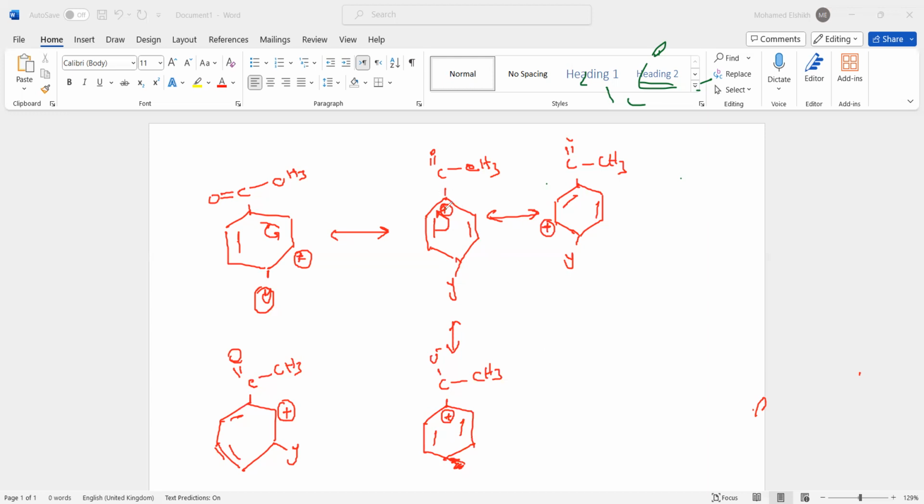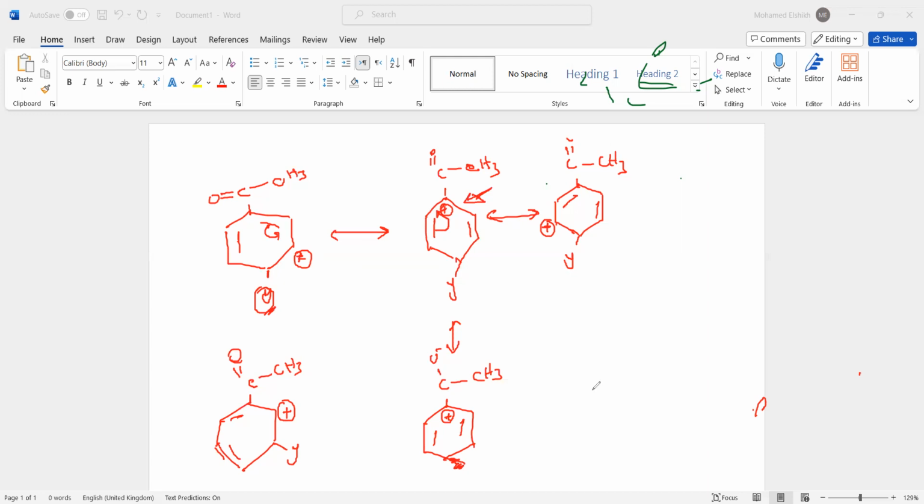And what the electron withdrawing group will do is destabilize the carbocation here. And because the carbocation is destabilized, this reaction route will not be favorable in directing the incoming group, which we called Y in this case, towards the ortho or the para. And this is the reason why this structure here is highly unstable.